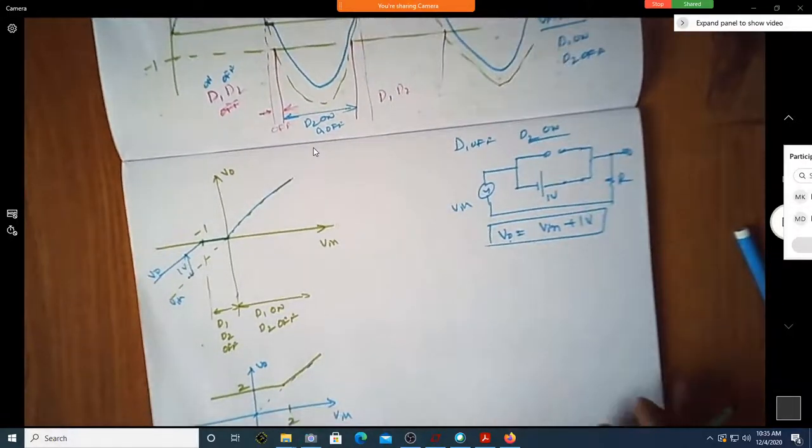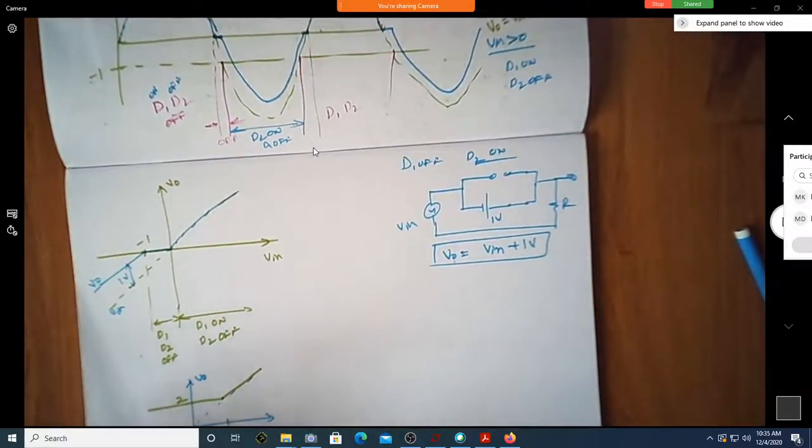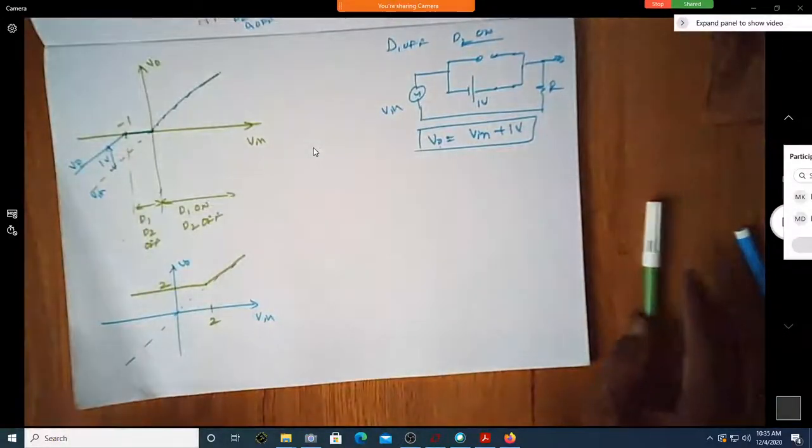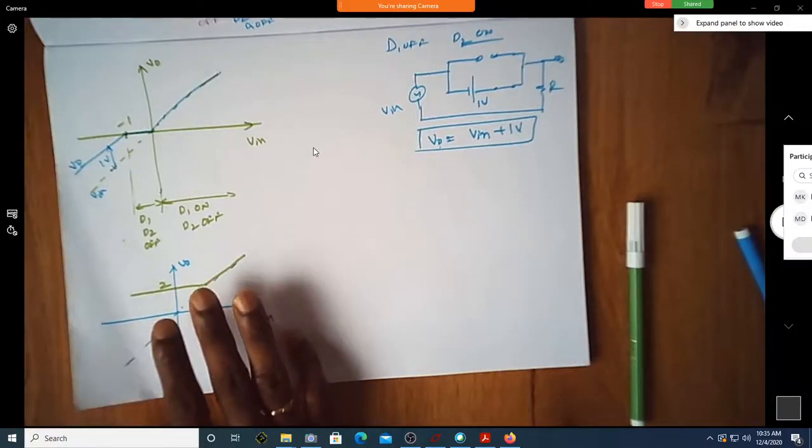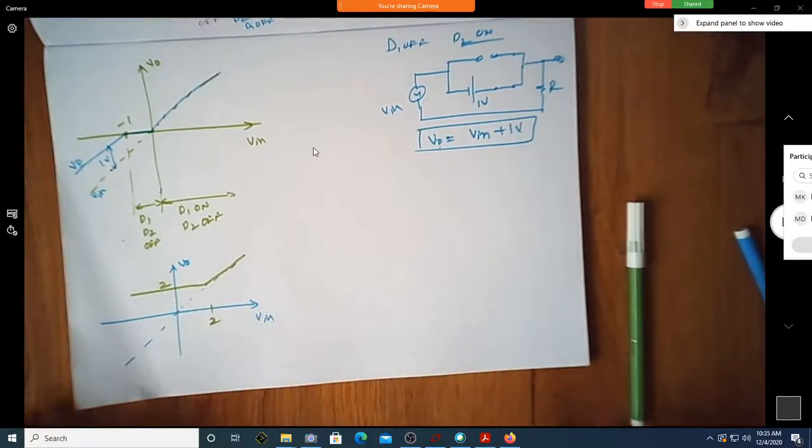Can somebody give me which circuit will give me this type of characteristics? Whoever shows me now will get 5 marks for T2. I want the circuit diagram for this transfer characteristic.